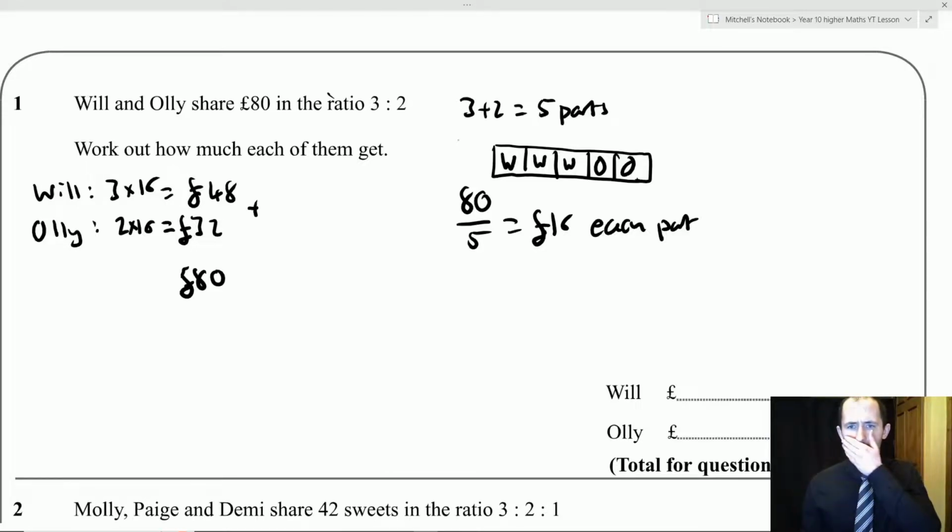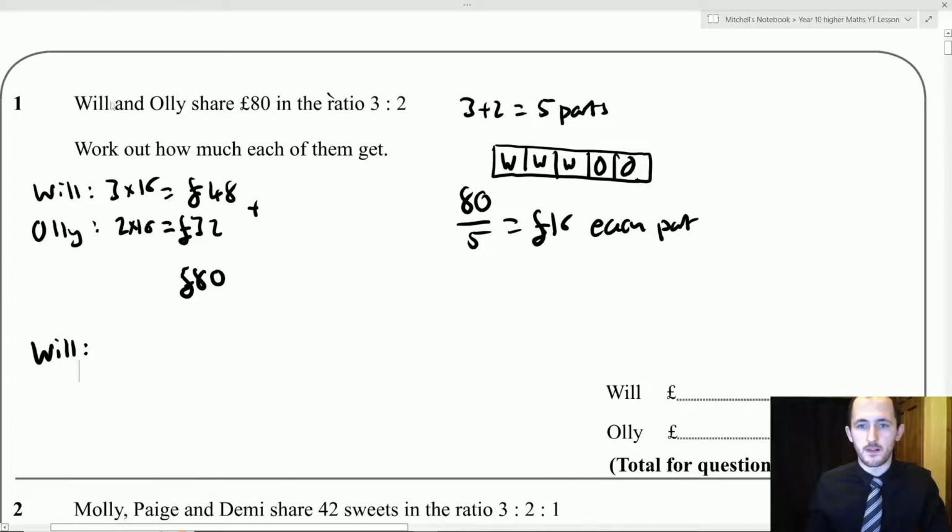The other way to do that is to just use fractions. To convert a ratio into a fraction, you look at the number you're interested in. So if I look at Will, I'm looking at the number 3, and I divide it by both numbers added together, 3 plus 2, which is 5, and then multiply it by 80.